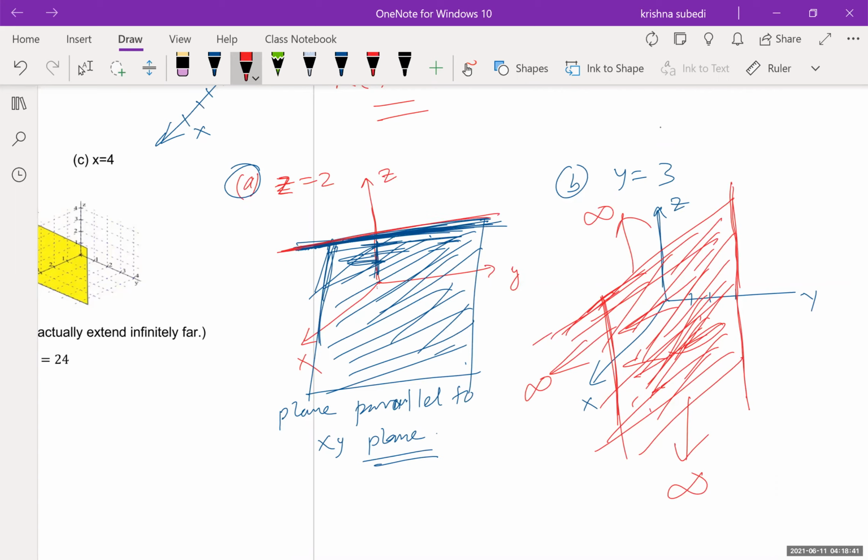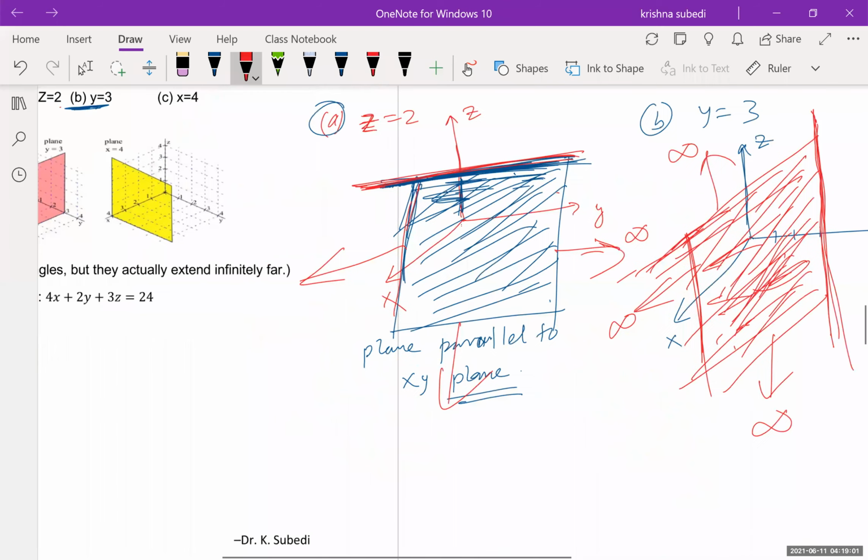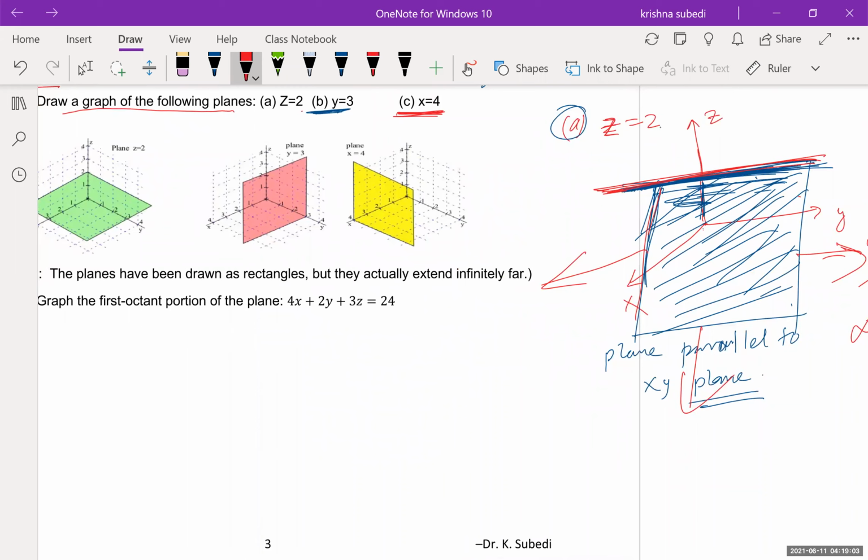Z is fixed, but this side can go up to infinity, this side can go up to infinity, this side can go up to infinity. So the plane just extends up to infinity. The only condition in part A is z is fixed, in part B is y is fixed. That's it. In the same manner, you can draw the plane for part C.